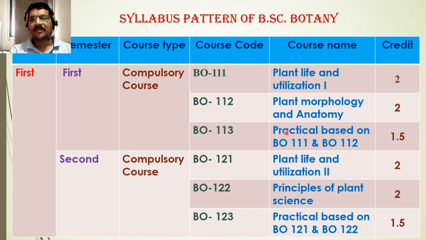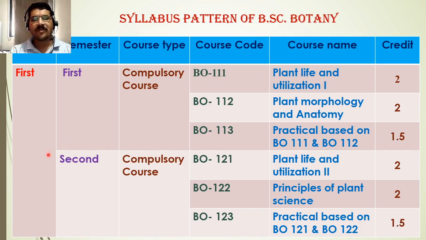Means the third practical paper was based on the 2 theory papers of the first semester. The practical paper had 1.5 credits. So this was the pattern of the first semester. You already appeared, and you have also given the examination of these papers.